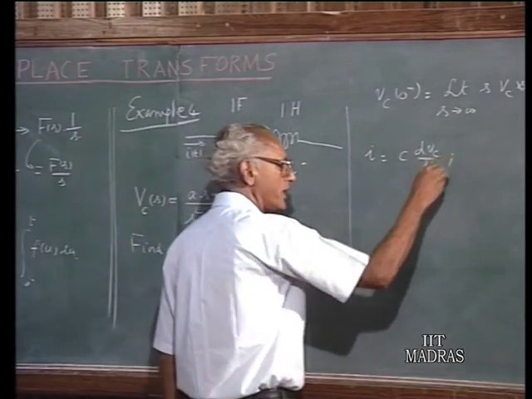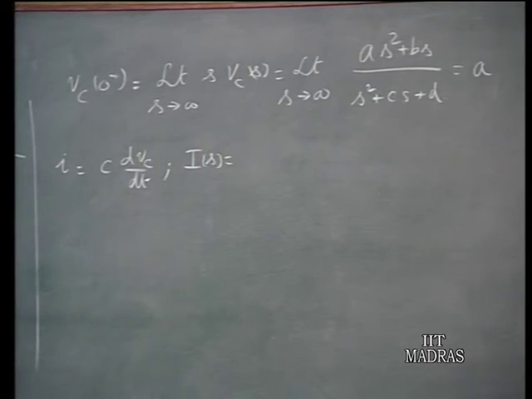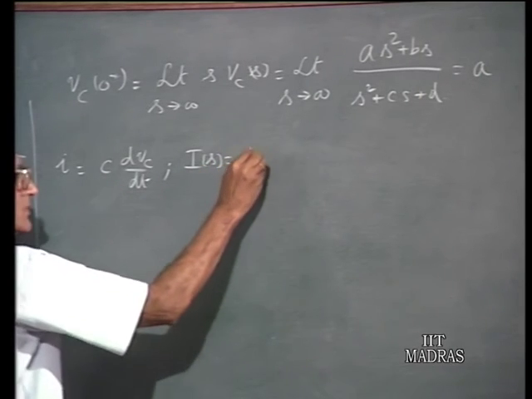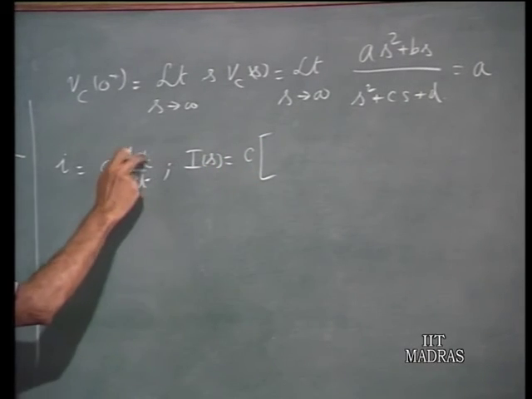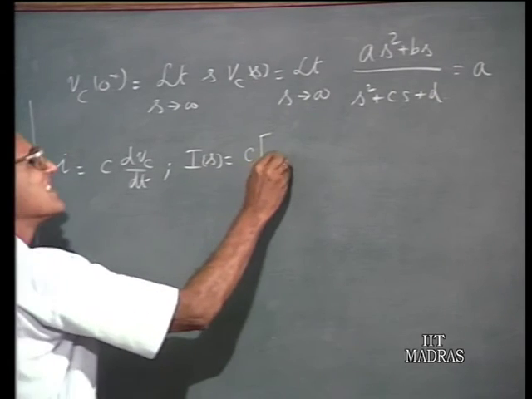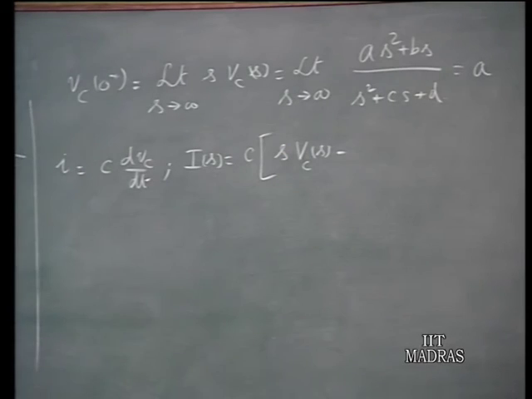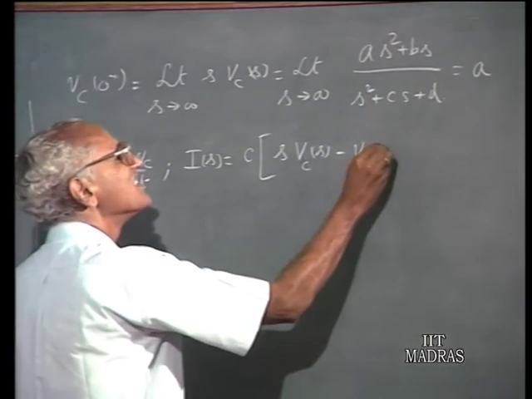Therefore, we can say the Laplace transform of the current I f s is C times, if V c has the Laplace transform V c of s, the derivative dV c by dt is s times V c of s minus V c 0 plus. Now, we are taking stock of all values starting from 0 plus onwards.